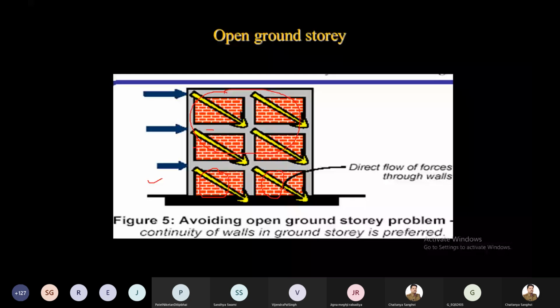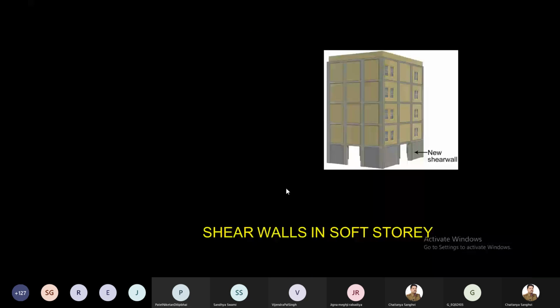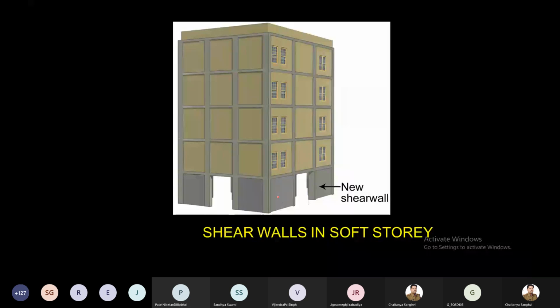So what can we do? We are going to place a shear wall here, and we are going to place the shear wall in such a way that it is symmetrical in nature, and we allow a passage for the car to park, right?